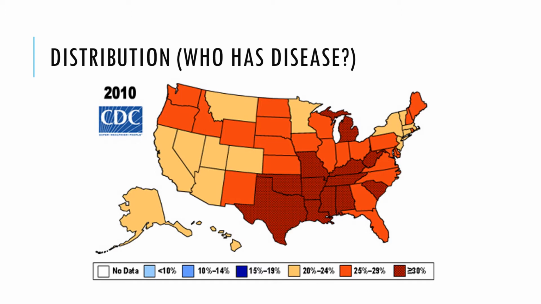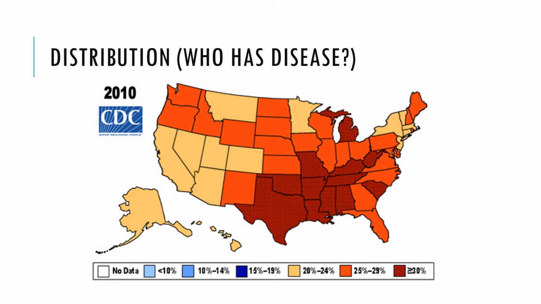We'll talk later in the term about obesity and how we define it. And then the orange states, 25 to 29% of the population is obese, and the states in red have the highest prevalence of obesity. More than 30% of the population in those states are classified as obese.